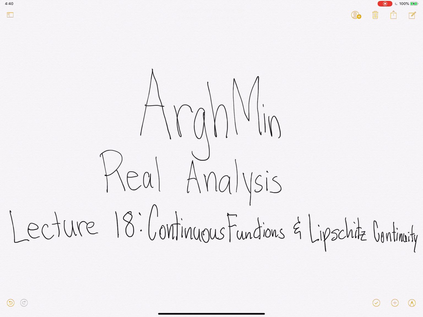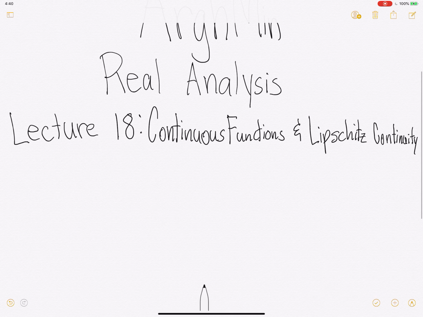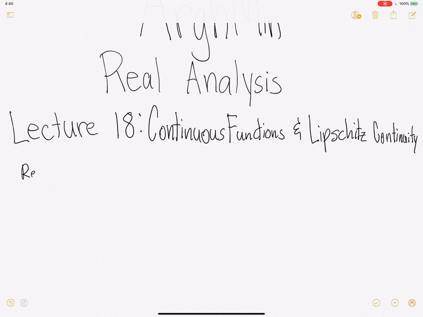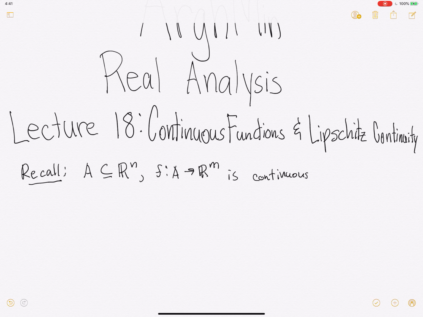This is the Real Analysis video series, lecture 18 on continuous functions and on Lipschitz continuity. We actually introduced continuous functions at the end of last lecture, but just so we remember what they are, let's define them again. You have a subset A of R^n, a function f from A to R^m is continuous at a in A. So this is a pointwise sort of definition.